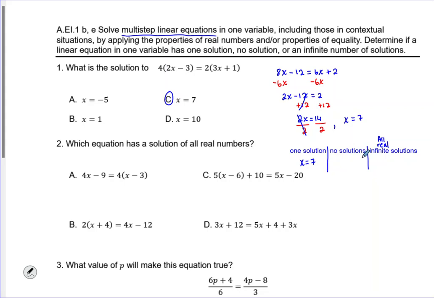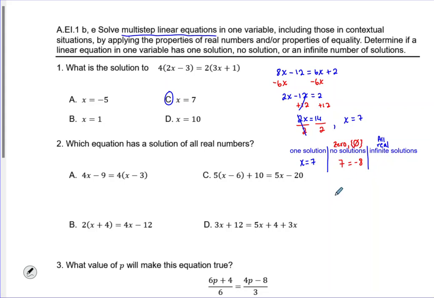No solution, we'll see examples later, is when you do all of the steps like this and then you have a number on the left side, the x goes away, and then x also goes away on the right side, and you have a different number on the right side. So this is a false statement, right? Two different numbers cannot be equal. That's how you say no solutions, or we can also say 0 solutions, or sometimes we use the symbol for the empty set, something like that.